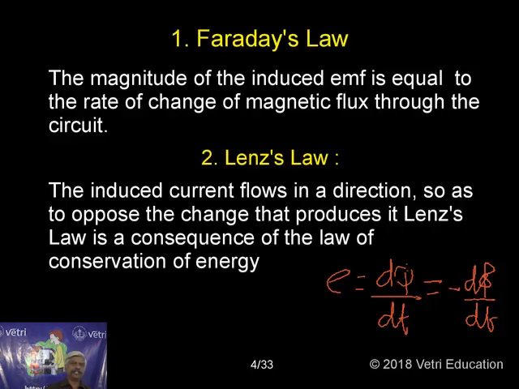What does it mean? Both are the same concept. Whenever there is a change in magnetic flux, EMF is induced. In the other case, the induced EMF is not in the same phase but in the opposite, that means it opposes the cause. That is called Lenz law.